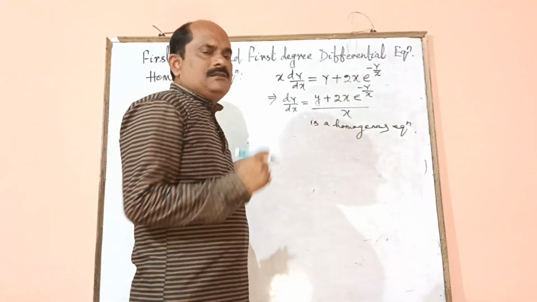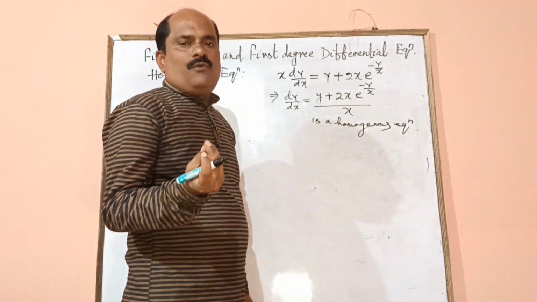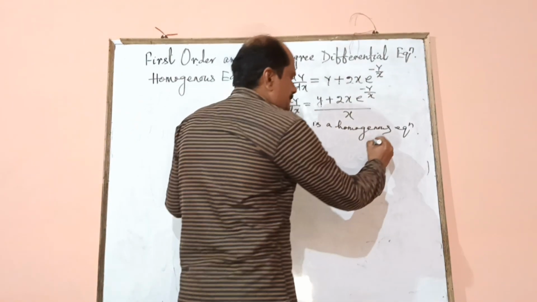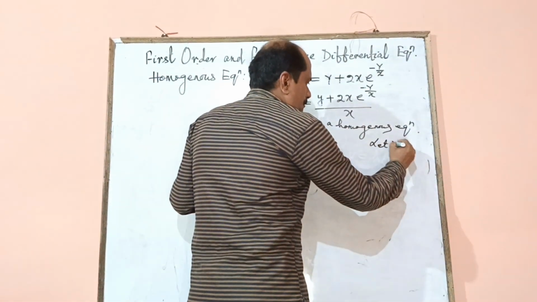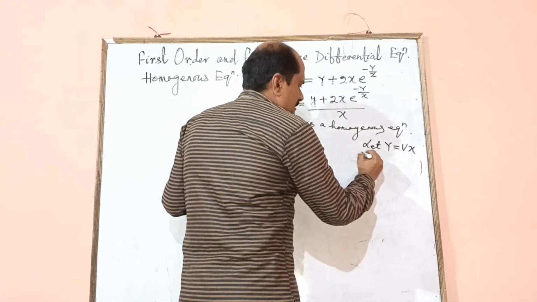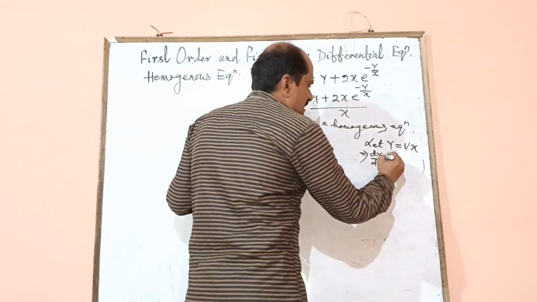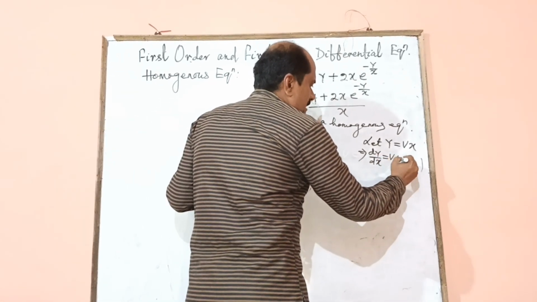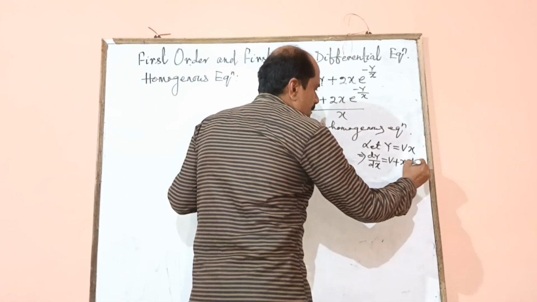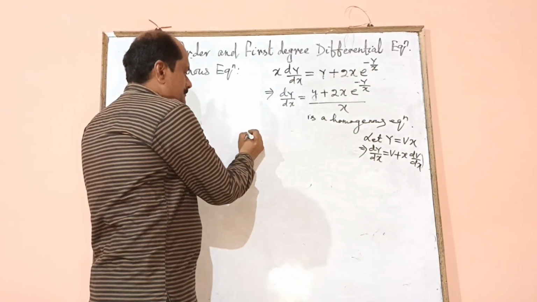How to solve a homogeneous equation? I already told you we put y = vx. So y = vx implies dy/dx = v + x dv/dx.